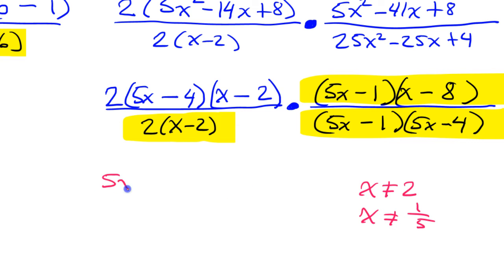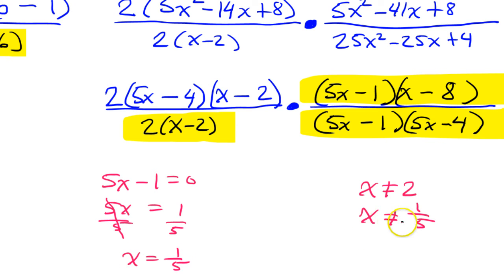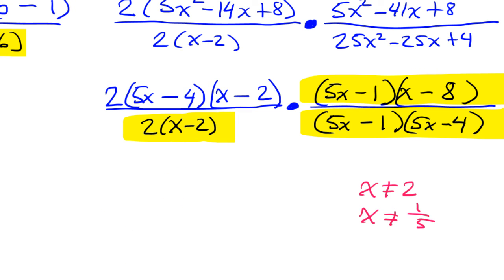Okay, I'm just going to work out this one time. If I have 5x minus 1 equals 0, if I add 1 to both sides, that's 5x equals 1. If I divide both sides by 5, that gives me x equals 1/5. Therefore, x cannot equal 1/5. So that's what I mean when I talk about setting something equal to 0 and solving.